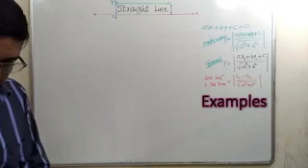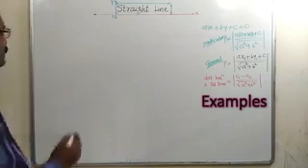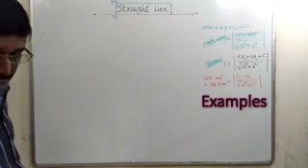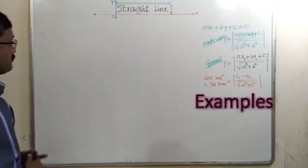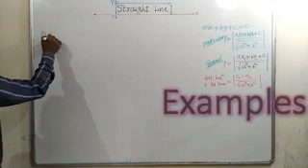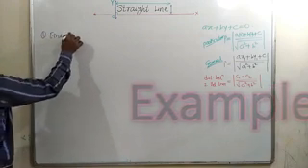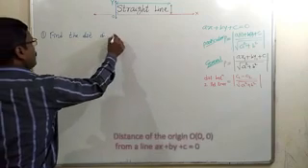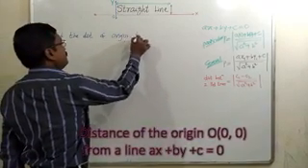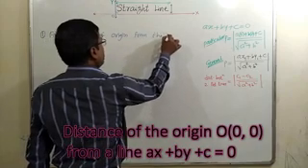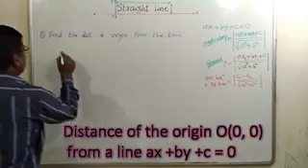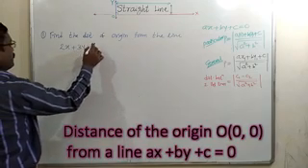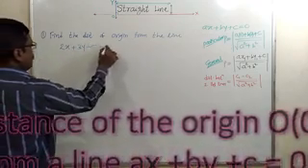Example number 1. Find the distance of origin from the line 2x plus 3y minus 5 equal to 0.